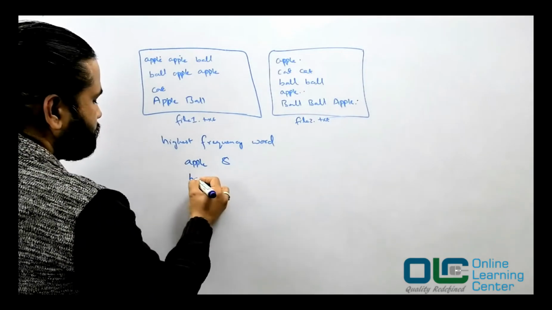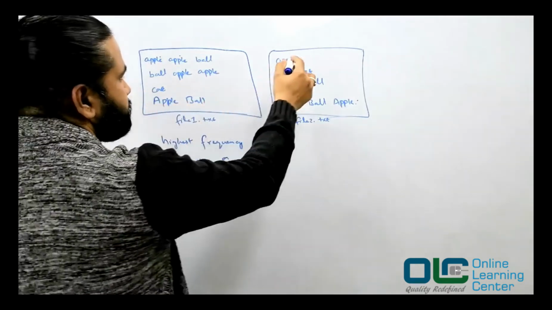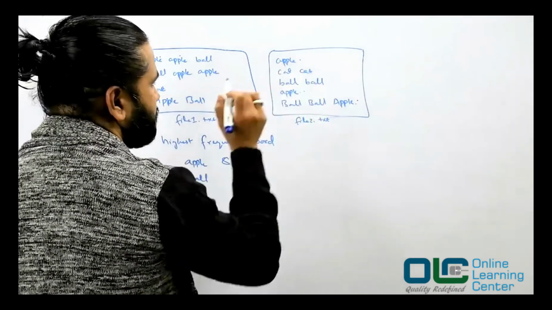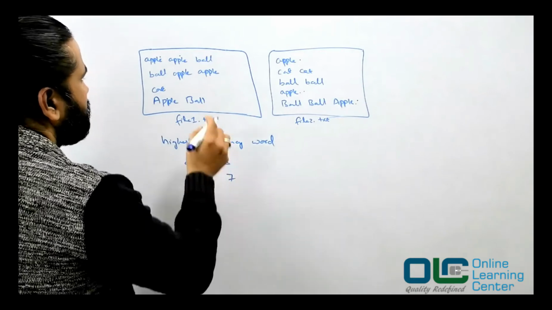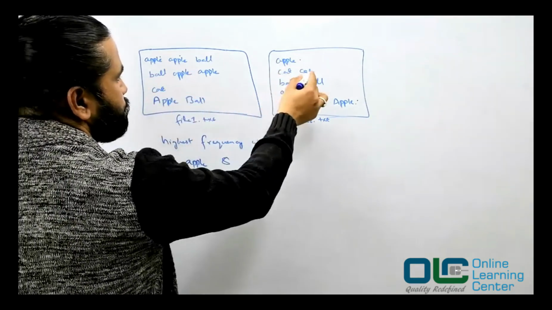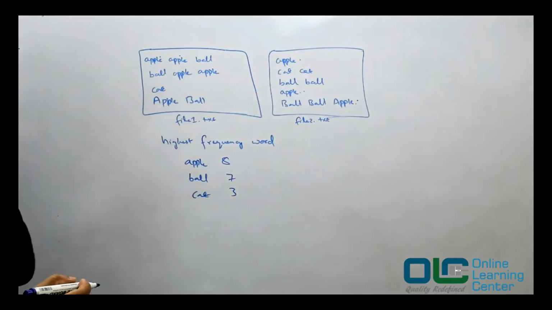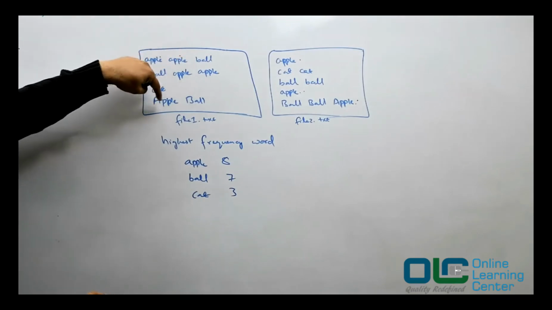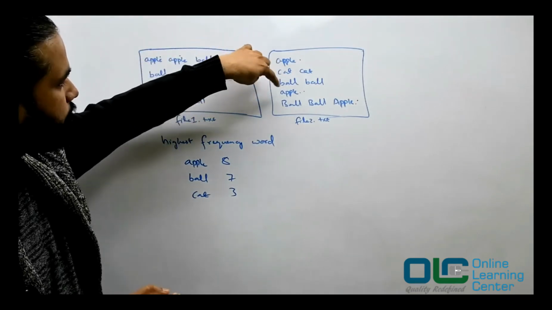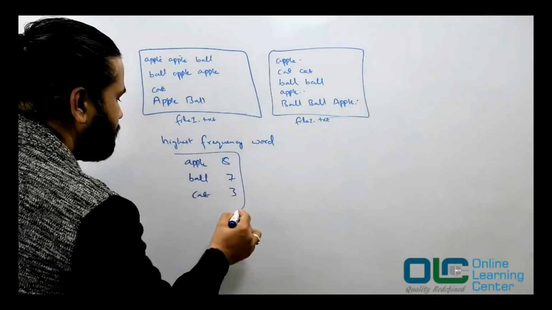Ball is 1, 2, 3, 4, 5, 6, 7. And cat is 1, 2, 3. So 7 plus 3 is 10, plus 8 is 18. This is our data.